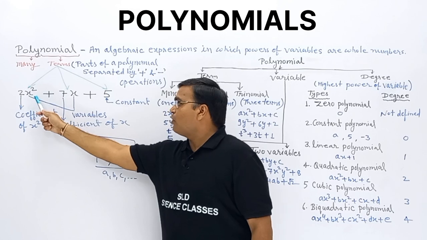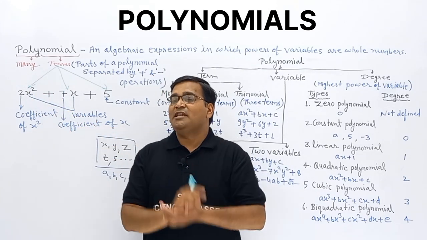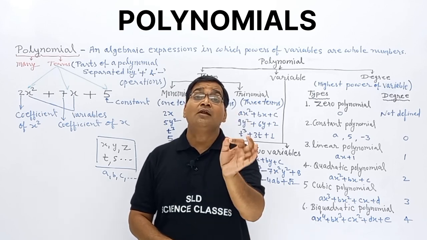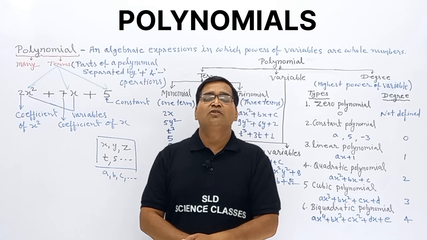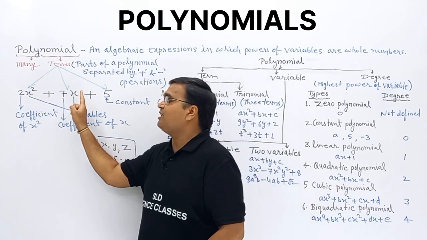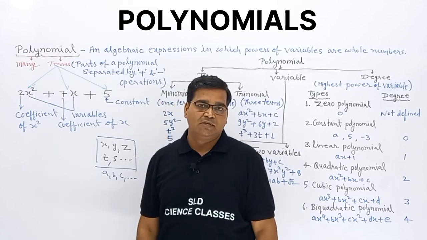x is a variable, and the power of this variable should be a whole number. It means non-negative integers. What about whole numbers? Non-negative integers. The powers should be non-negative. It means a negative power is not allowed.